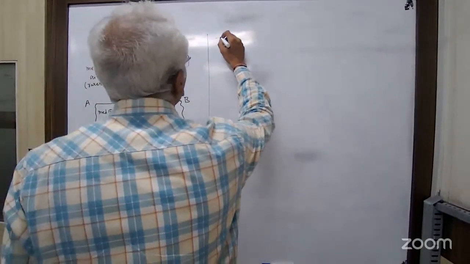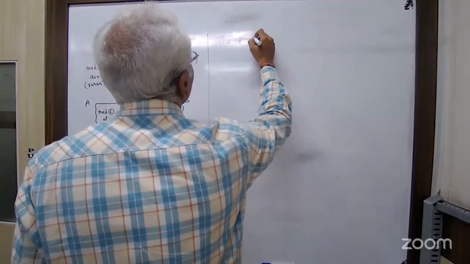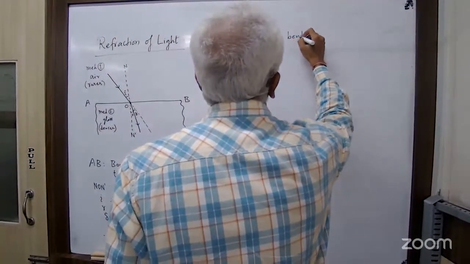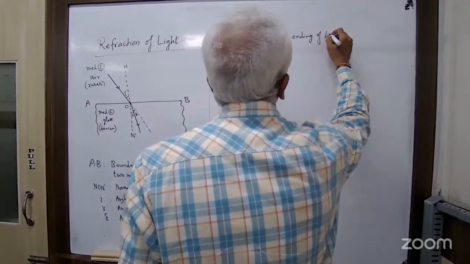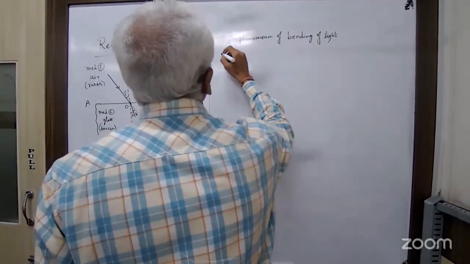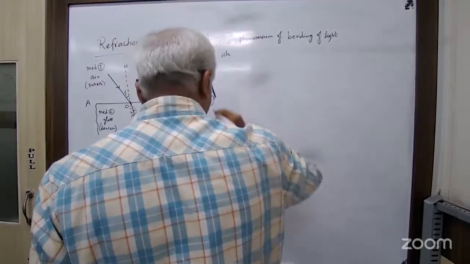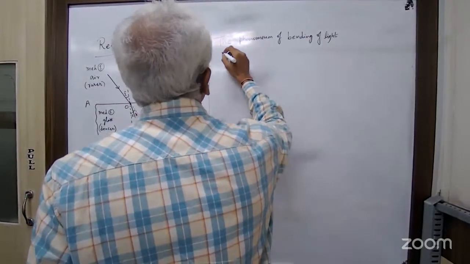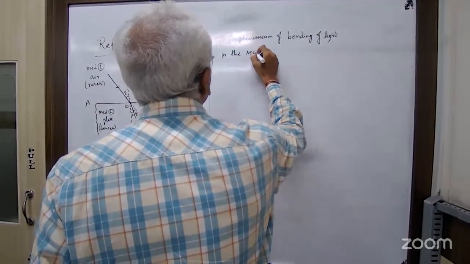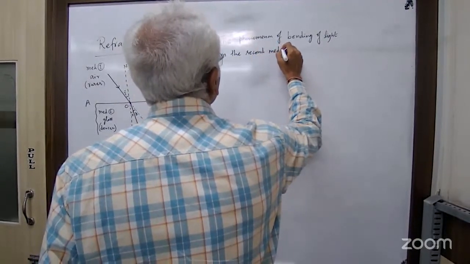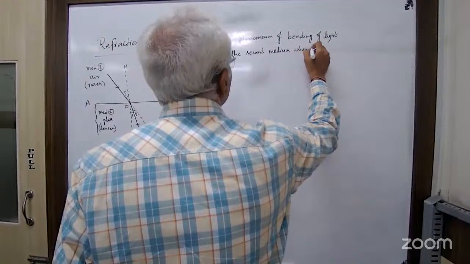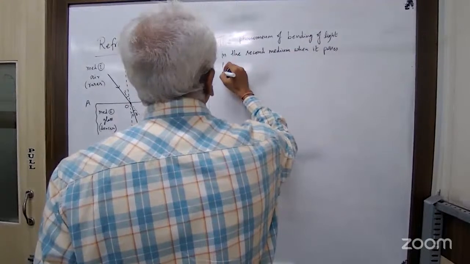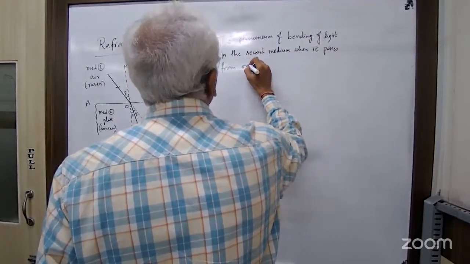So the phenomenon of bending of light when it passes in the second medium from one transparent medium.